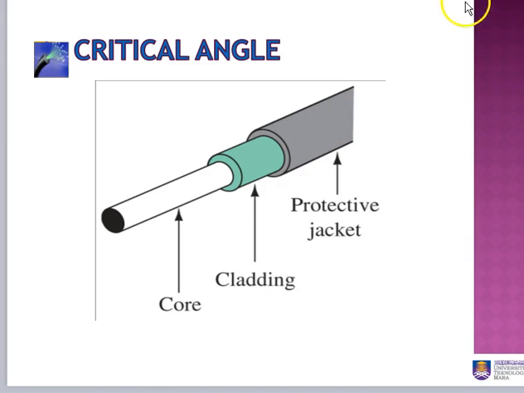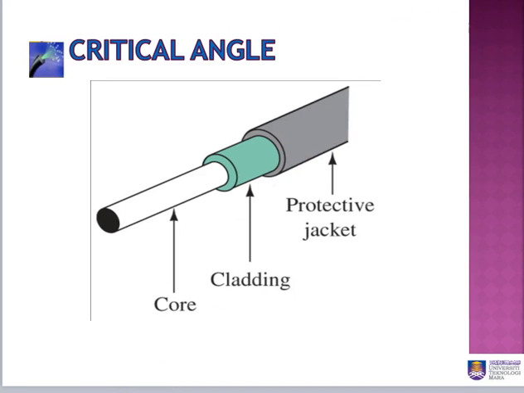Now let us look at the basic principle of fiber optic transmission. Total internal reflection. Before we can understand total internal reflection, we need to look into the critical angle principle of optics. The core fiber and the cladding are normally both made of glass silica, but differently doped to allow for different refractive index.